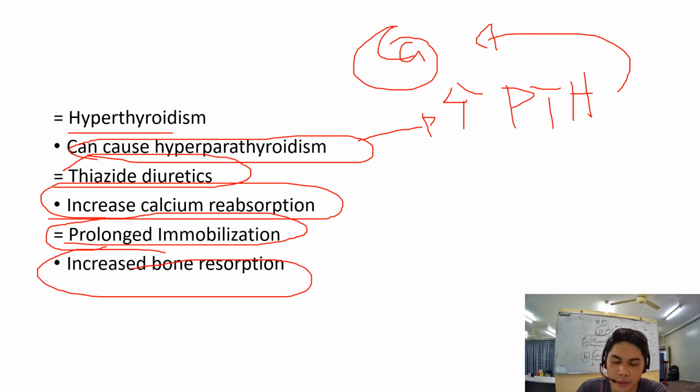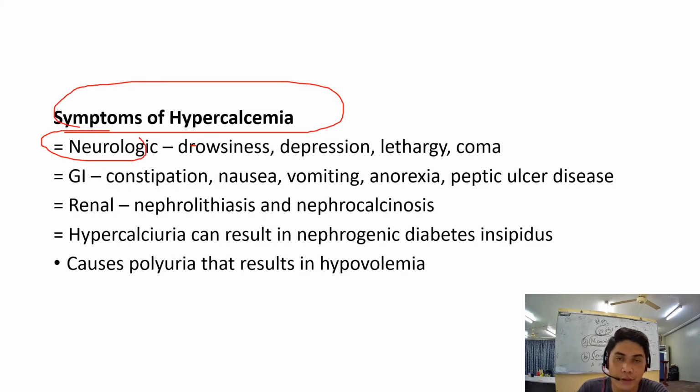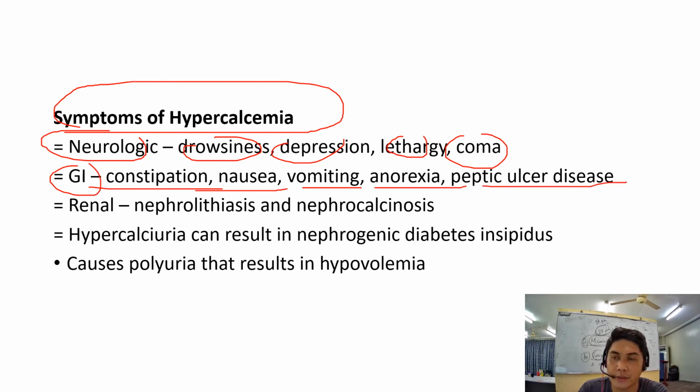Okay, so those are the causes of hypercalcemia. So what are the symptoms of hypercalcemia? First is neurologic: drowsiness, depression, lethargy, coma. For the gastrointestinal tract, you have constipation, nausea, vomiting, anorexia, peptic ulcer disease.